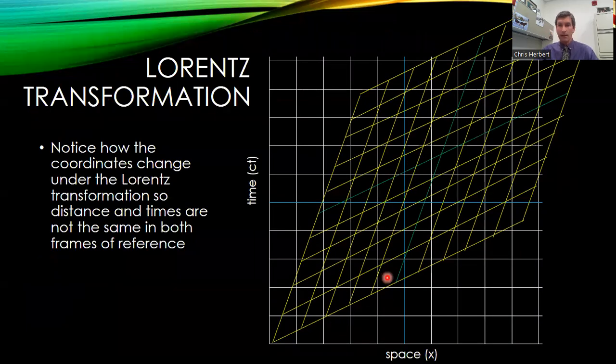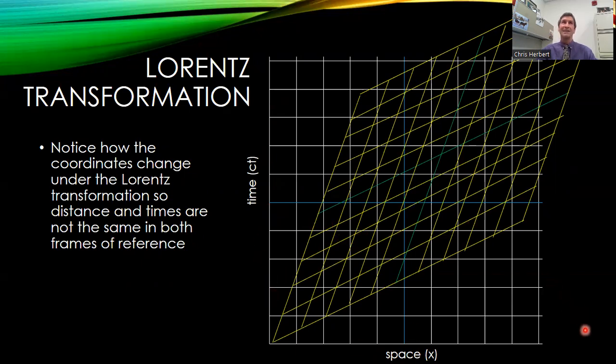So here is what our Lorentz transformation looks like, going from the white grid, which is our unprimed frame, to the yellow grid, which is our new coordinate system. But again, you have to remember that this is a two-dimensional representation of actually 4 different dimensions, where time is one of the other dimensions.